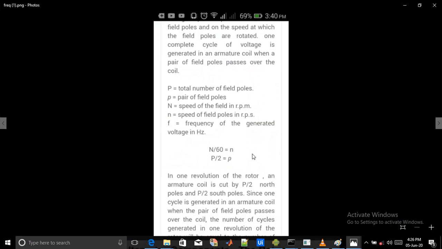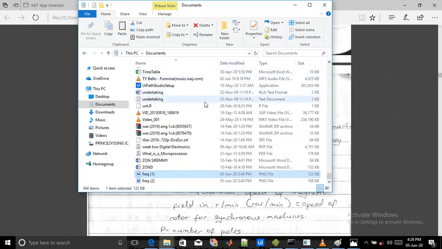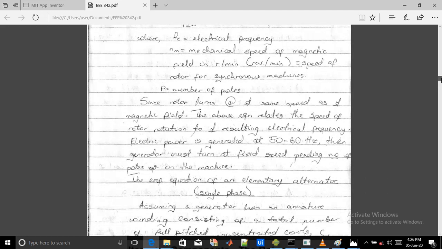You can see it. Revolution per second. So our N is revolution per second, sorry. So for us to convert it to revolution per minute, you divide by 60. So this is it. Okay. So now let's just continue. Let us go fast.